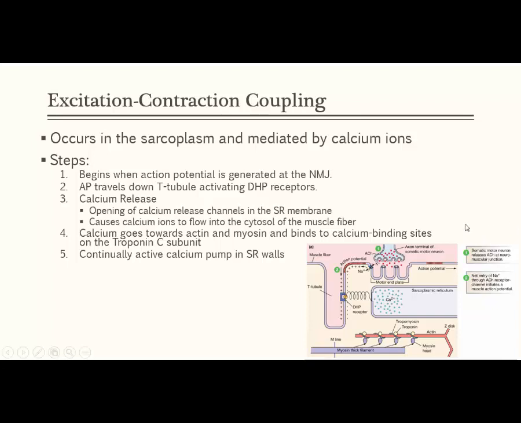So the calcium ions are now flowing from channels in the sarcoplasmic reticulum into the cytosol and cause the actin and myosin, they bind to the actin and myosin on a protein that's called the troponin C subunit, triggering, along with ATP, the bending, the hinging of these heads and moving the actin towards the M line.